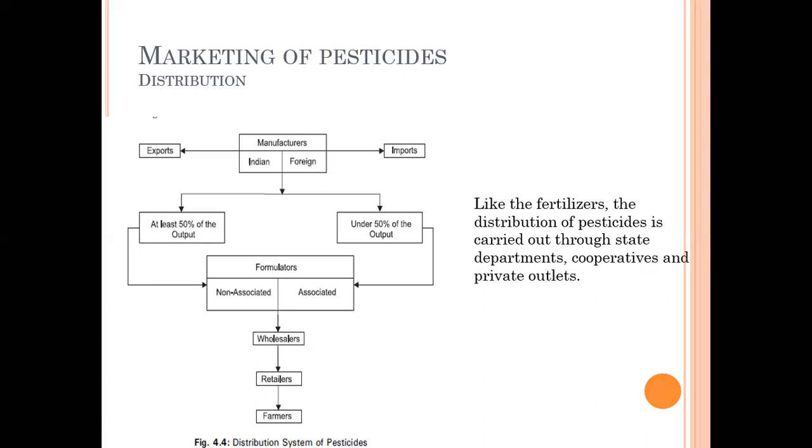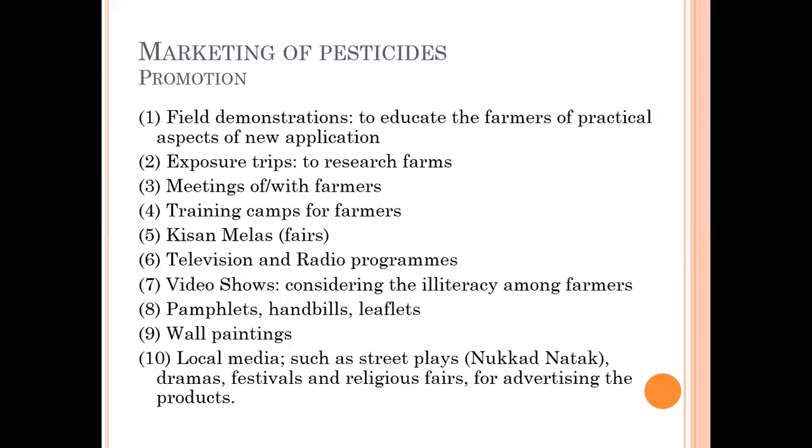Almost 90% of the sales points are in Maharashtra, which is followed by Andhra Pradesh, which has 11% share, and Uttar Pradesh, which has 10.86%. So we have seen that the distribution of pesticides is happening through cooperatives, private outlets, and state departments also. Now next we come to the promotion.